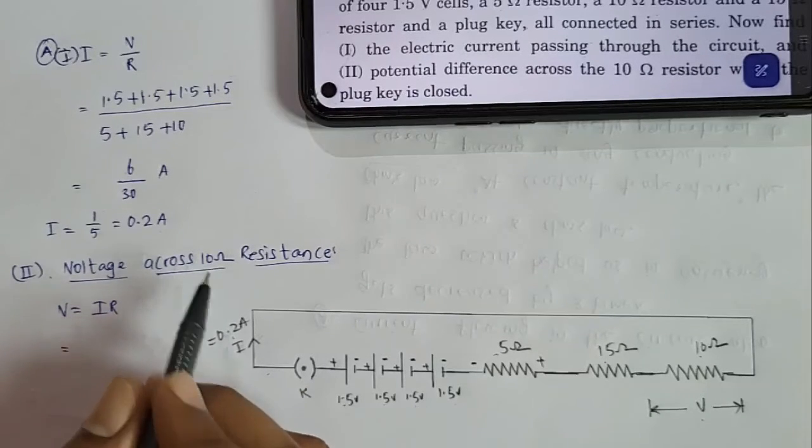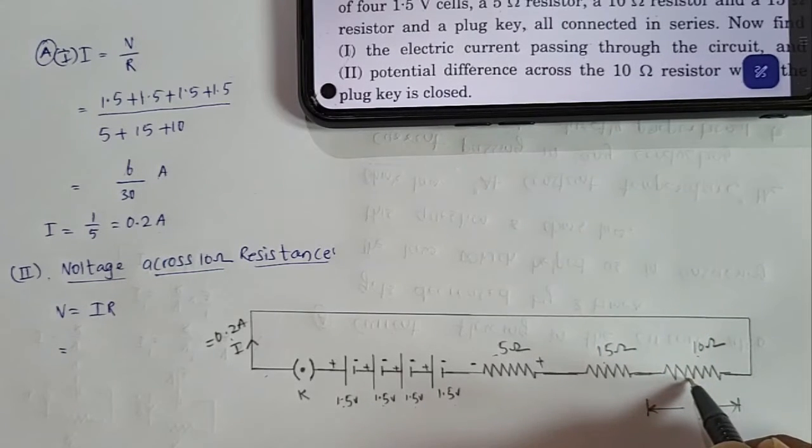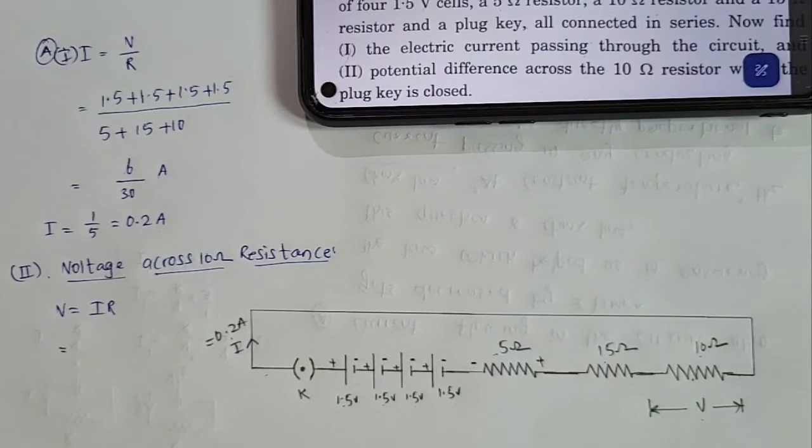When you are finding a voltage across any resistance, you have to take the current passing through that particular resistance only. Now we are finding the voltage across the 10 ohm resistance. So we have to take the current passing through that 10 ohm resistance only. Here we have all in series connection, so the same current will be passing. But in some other question, if they ask you to find the voltage across any resistance, then you should be able to find out the current passing through that resistance only.